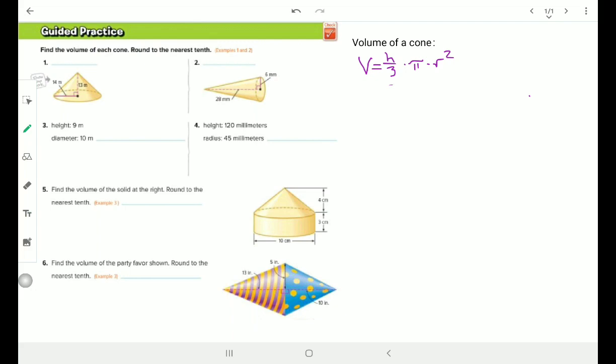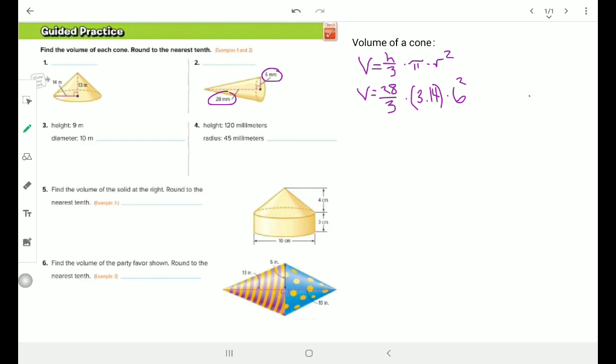Okay. So for today, I'm going to do a couple examples, and we're going to start with example 2. On 2, we have a cone, and we're given the height of 28 millimeters and the radius of my circle is 6 millimeters. So I can plug in what I know. The volume equals the height, 28, divided by 3, times pi, and I'm going to use 3.14, times the radius squared, so 6 squared.